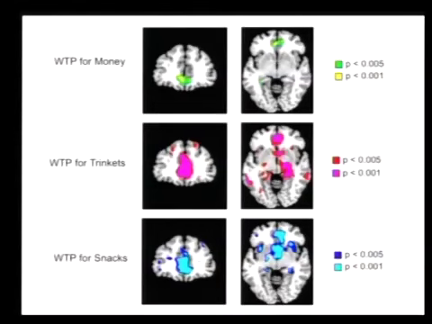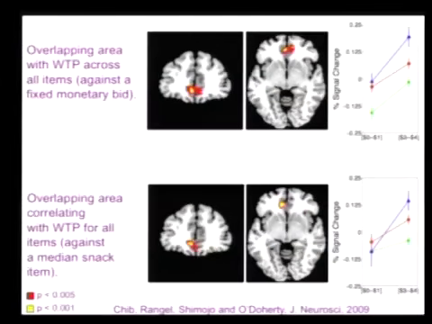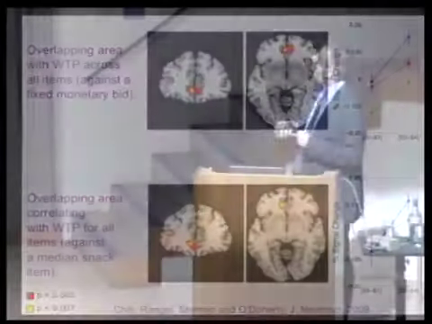So that makes sense. But what we want to look at is areas that are commonly active when you're making decisions over each of these three different items, whether it's money, trinkets, or snacks. And the area we do find, an area of ventromedial prefrontal cortex, is active whether you're choosing between a trinket or a monetary item or a food item.